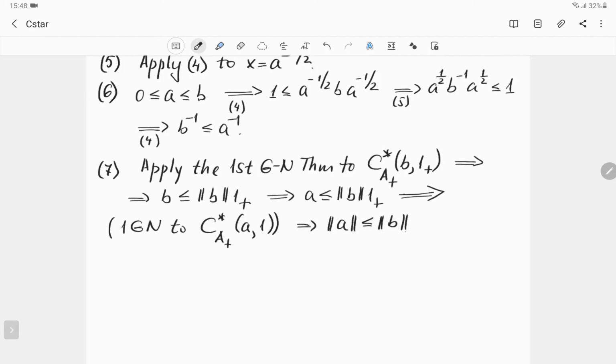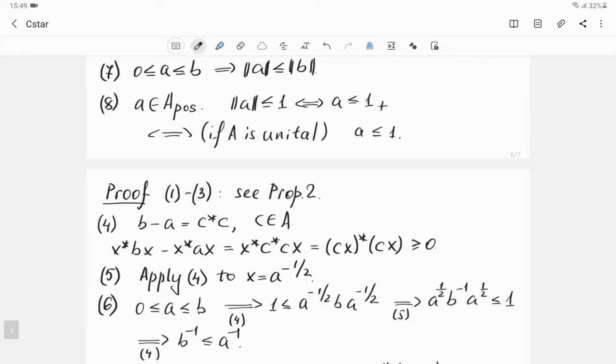Well, and finally, property 8. Well, property 8 is again immediate from the Gelfand-Naimark theorem. So since we have three statements about a positive element, we can just consider the C-star subalgebra generated by this element and the identity. But for the algebra C of X, the result is clear.